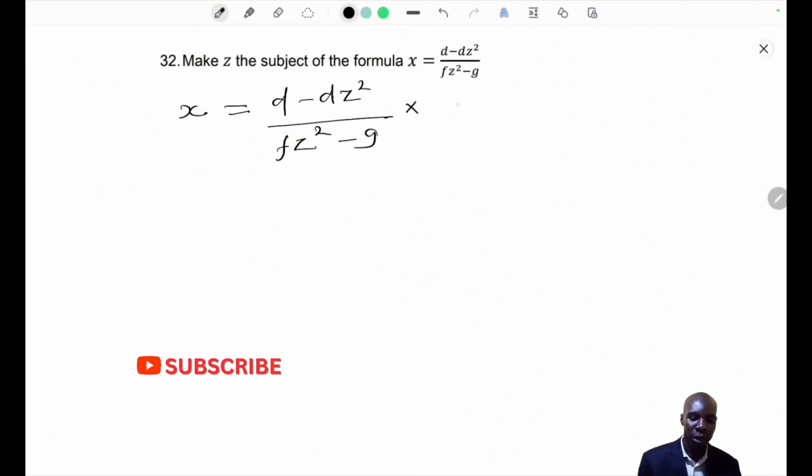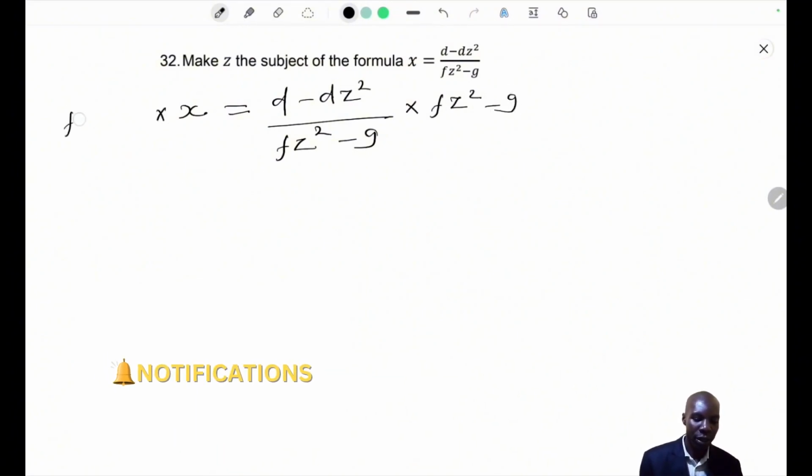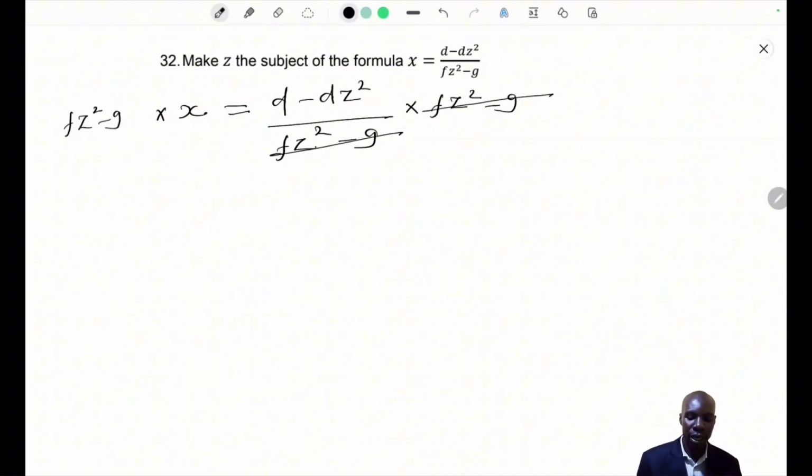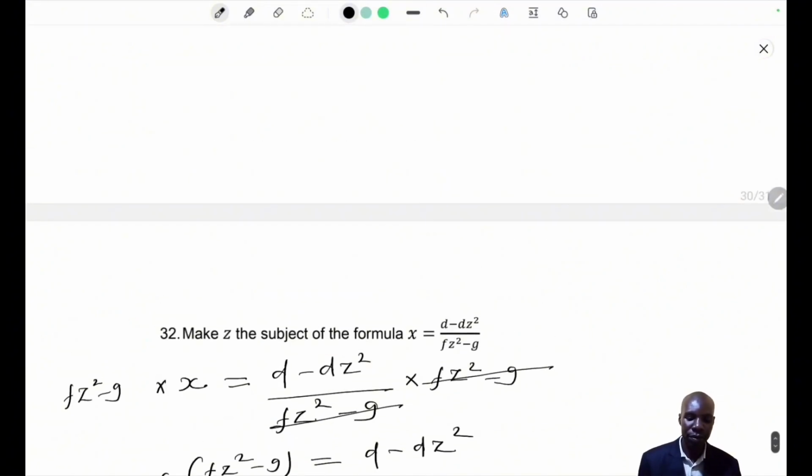So we can cross multiply both sides by F Z squared minus G, so this one cancels. So we have X in bracket F Z squared minus G should be equal to D minus D Z squared.